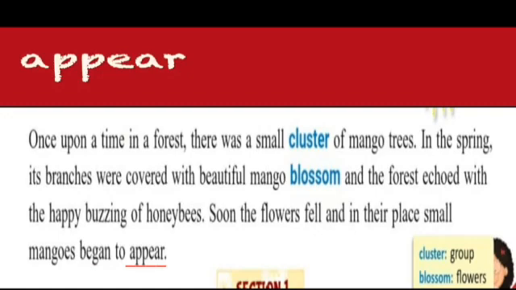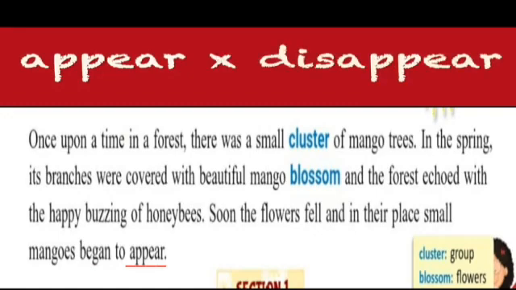Appear. Write its opposite as disappear. Appear, A-P-P-E-A-R. And its opposite is disappear.